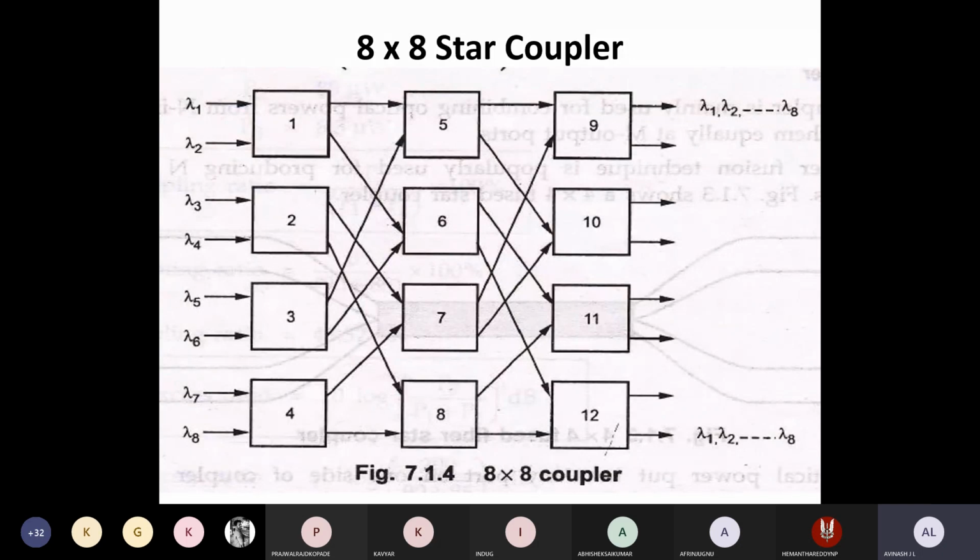So first, all of you take this diagram, and then we'll discuss the operation of how all these signals get combined.